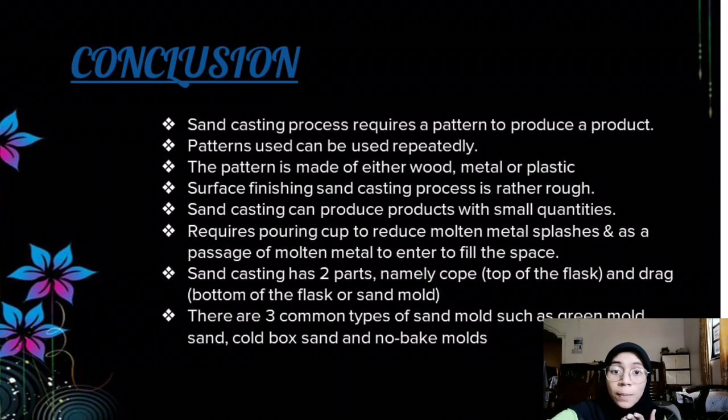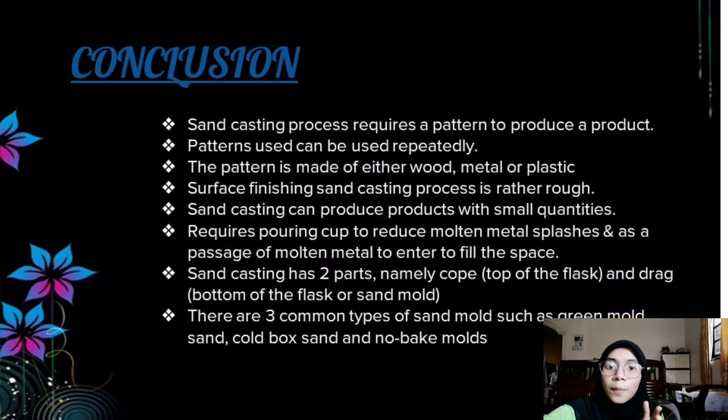It makes the pattern difficult to remove. Besides that, the pattern is made of either wood, metal or plastic. The surface finish of the sand casting process is rather rough. Besides that, sand casting can produce products in small quantities because it is very affordable.